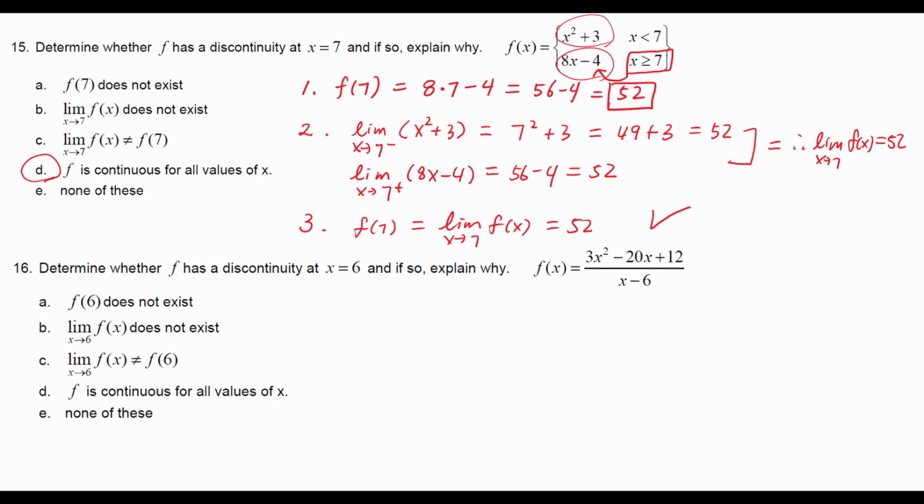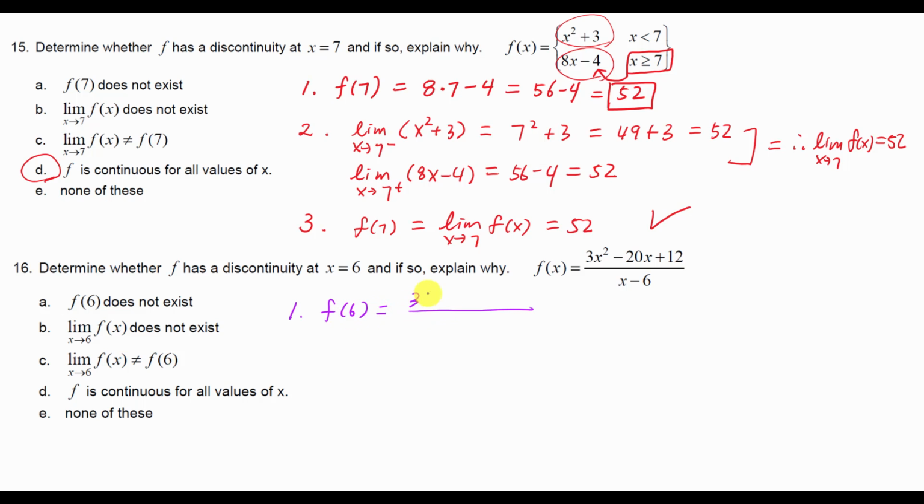Number 16. Determine whether f has a discontinuity at x equals 6, and if so, explain why. f of x equals 3x squared minus 20x plus 12 all over x minus 6. So I have a rational function. Right off the bat, f of 6 is undefined.